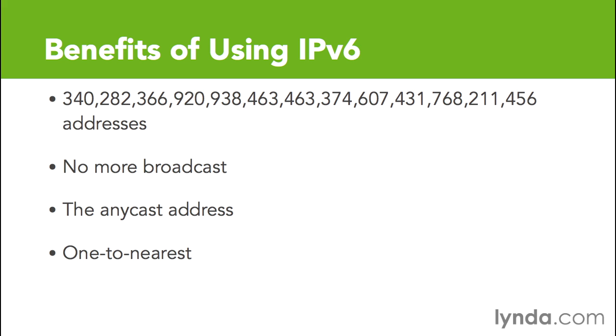Remember, RIP is based on hop counts. So if the address is 3 hops away versus 5 hops away, it's going to choose the 3 hops away. If it's OSPF, it's going to be more of a mathematical calculation based on cost, which is the lowest cost. So the device that has the lowest cost is going to be the one nearest to you. This is what this address does when it's looking for a particular service.